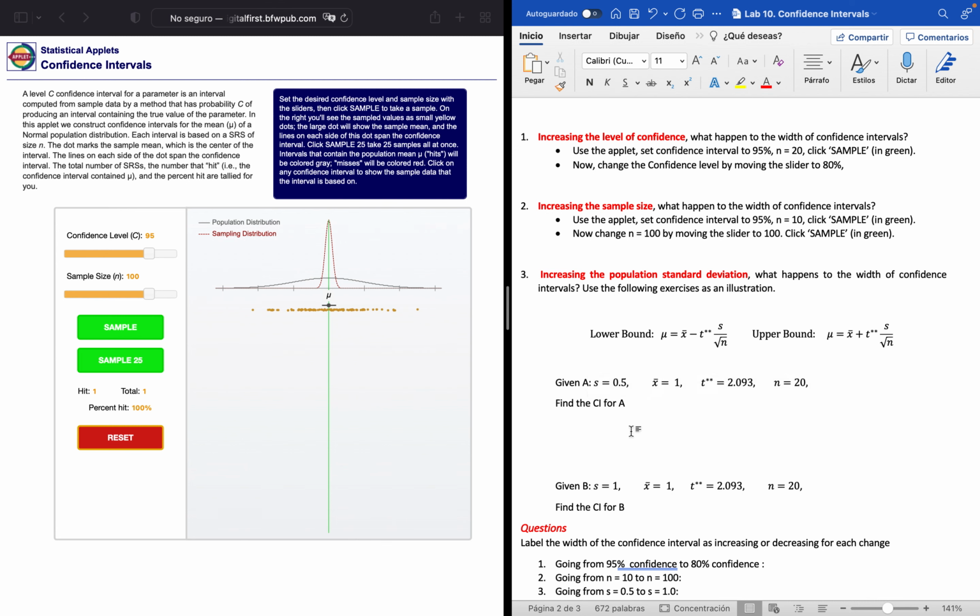The values I got here: for the lower value is 0.766. What about the upper value? I got 1.234.